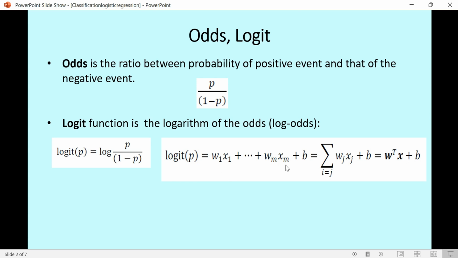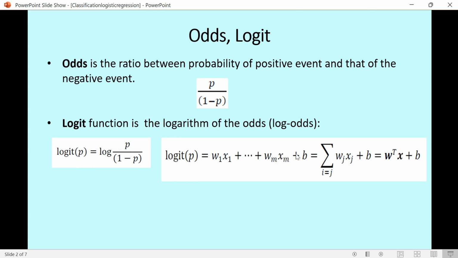So these are the features x1 to xm, multiplied by the weight parameters, plus the bias. The weight parameters are what we will train in the model to estimate. The product of features and weights plus the bias is called the net input. So the net input equals the logit, so logit of p equals net input.